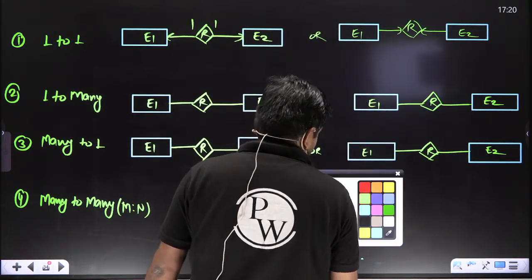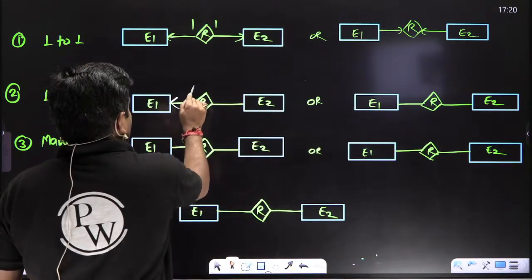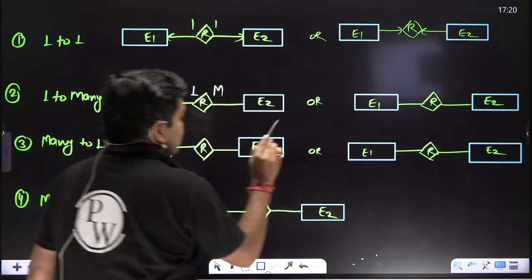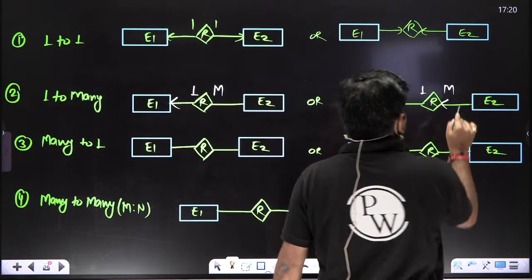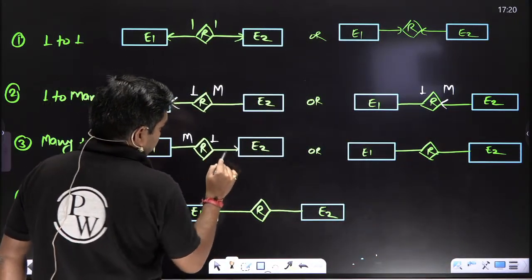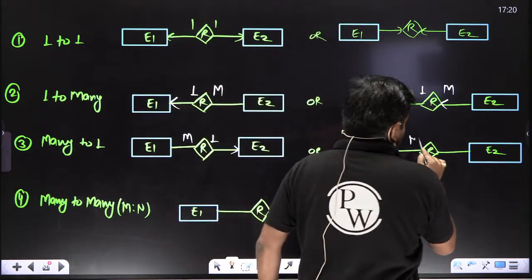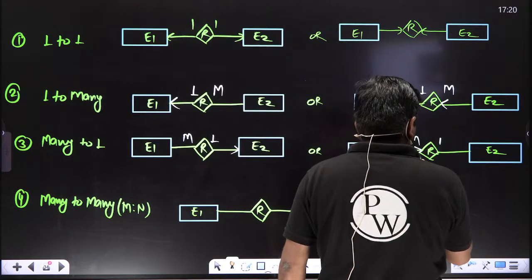One to many. Here you will get it this way. Sometimes you will get this diagram for many to one. We did it here, sometimes you will get it here.